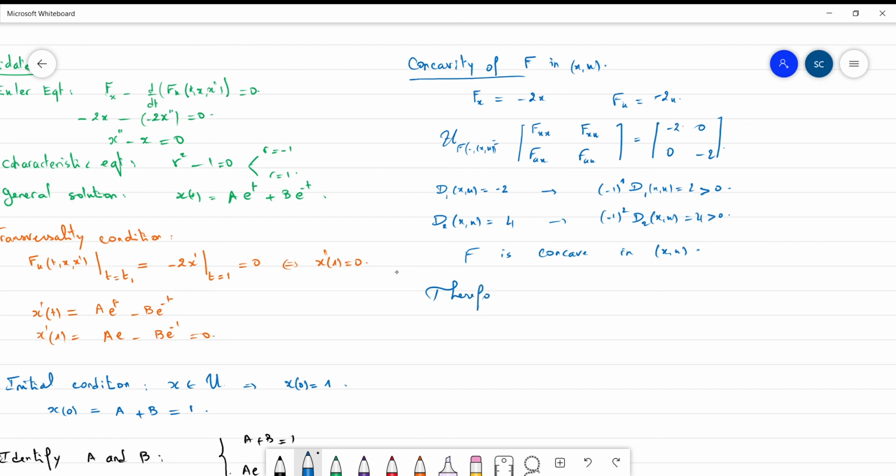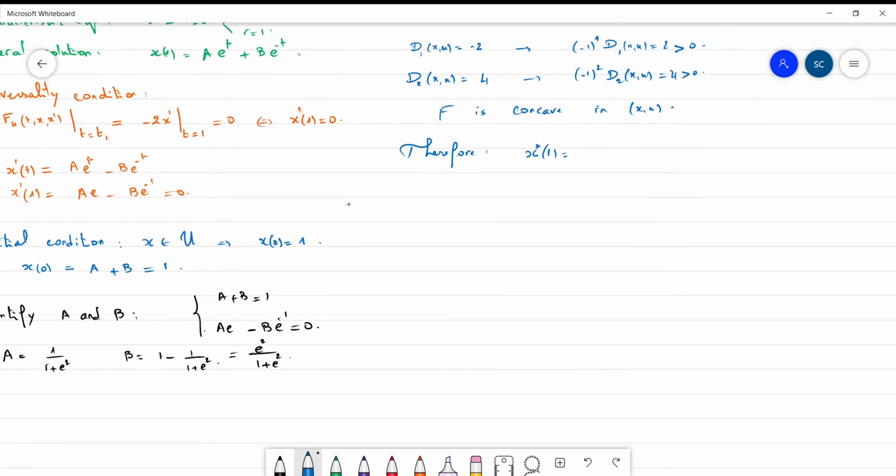Therefore x star(t), defined with a equal to 1 over 1 plus e squared and b as e squared over 1 plus e squared, so x star(t) equals a e^t plus b e^(-t), solves the max problem in U. So we found, yes, the solution.